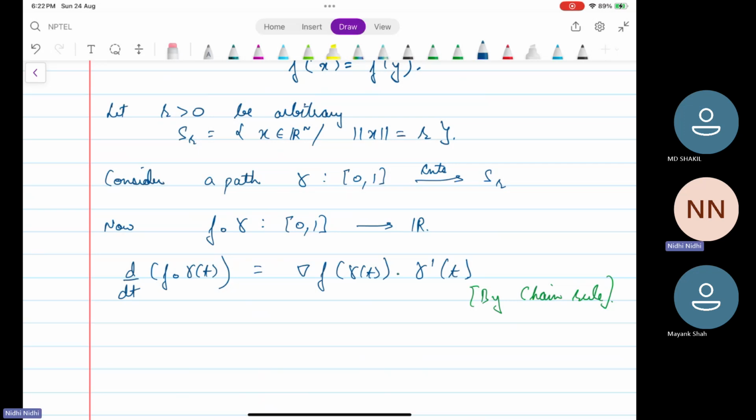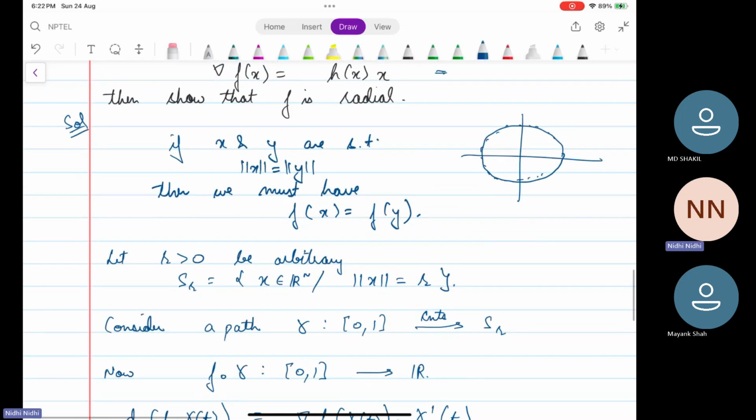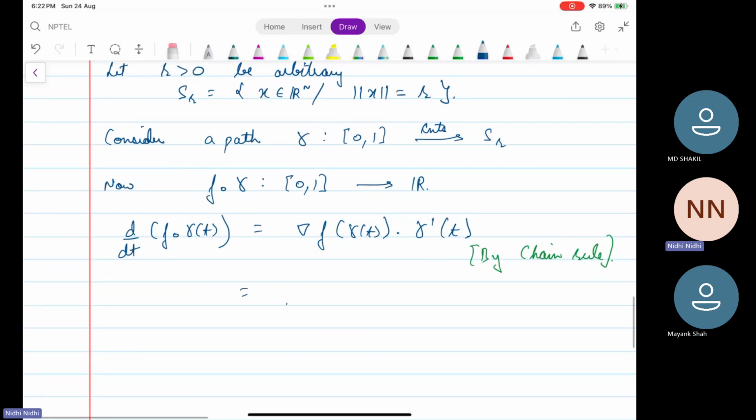Now we are given that this gradient f is equal to h(x) times x. So this is h, sorry, at gamma t, because it is the gradient of f at gamma t. So this is h at gamma t times gamma t times gamma dash t.